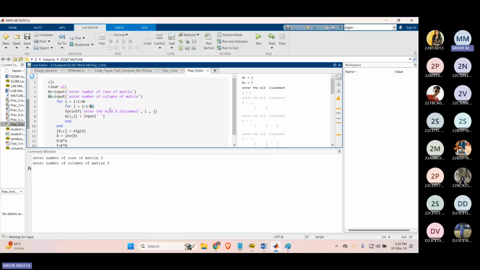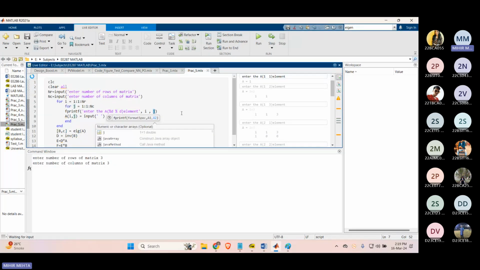Now this first percentage D is for the value of I and the second percentage D is for the value of J. So that means right now the value of J is 1 and this entire loop is under another for loop of I. So right now the value of I is 1. Right now the value of J is also 1.